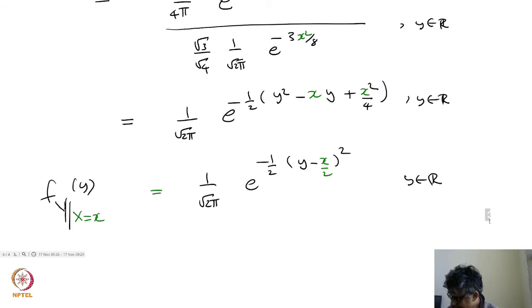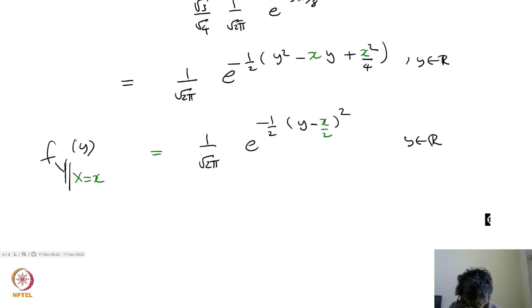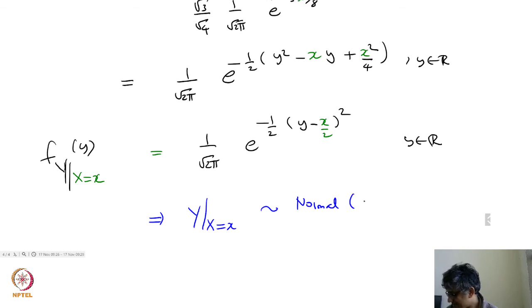Now if you stare a little bit, this looks again like a normal density with mean x by 2 and variance 1. Simple exercise. Therefore, this implies that y given x equal to x is normal with mean x by 2 and variance 1.